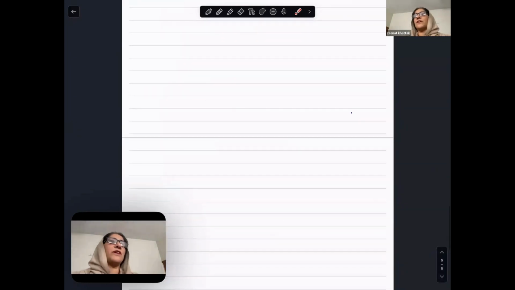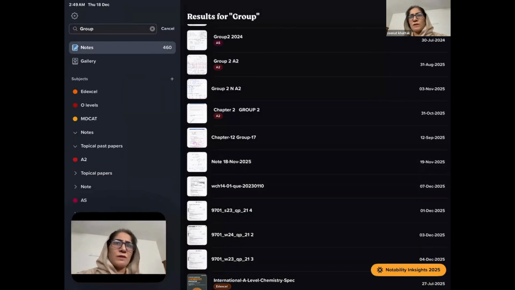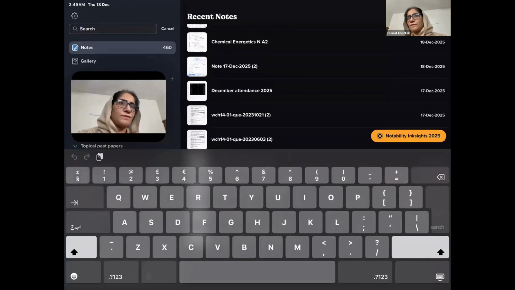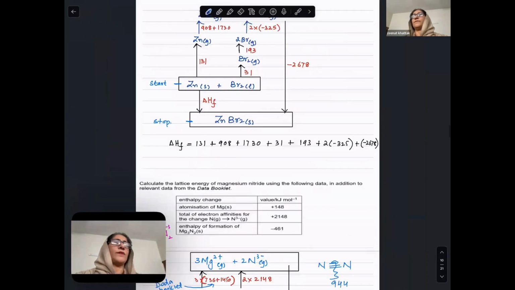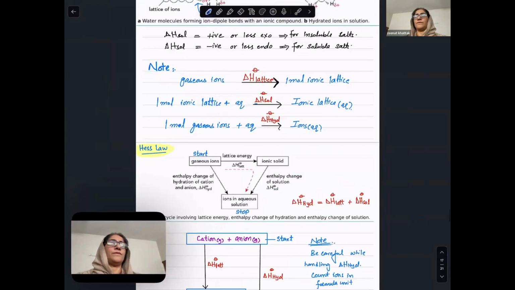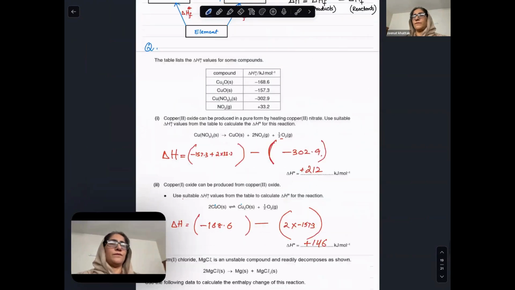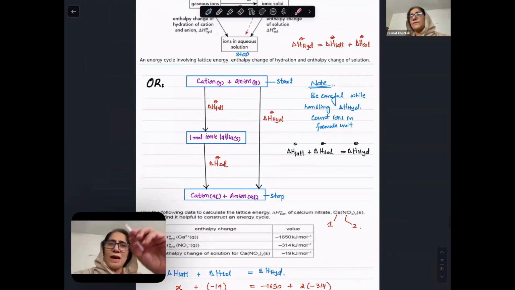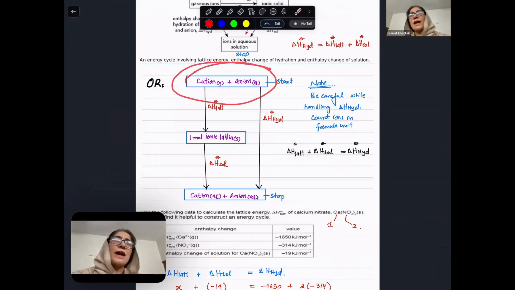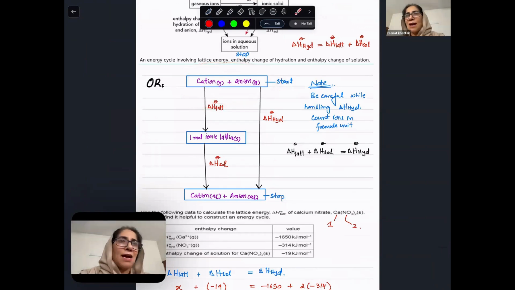Do you remember in energetics, we used to do it this way. I'm opening the energetics. When there is any ionic compound, we write the cation and anion. The cation and anion first make the lattice.